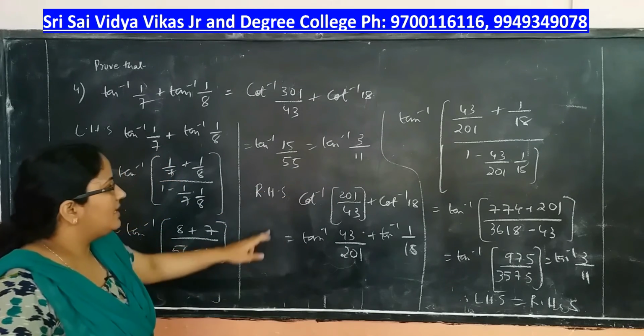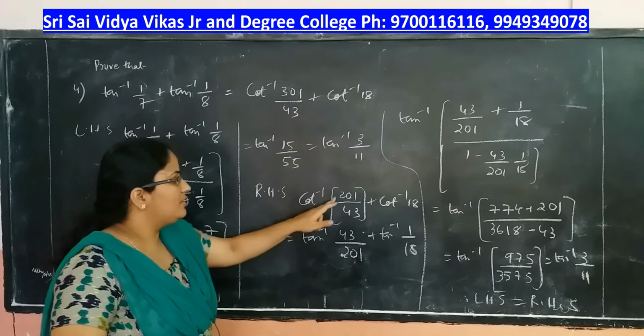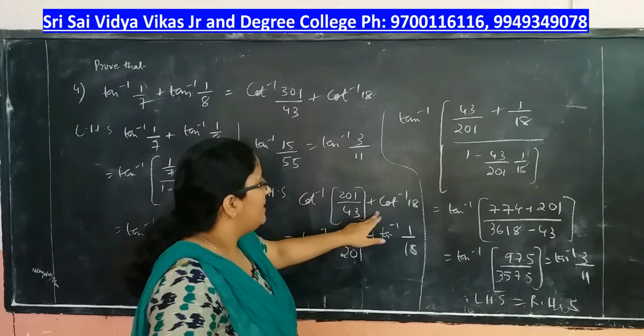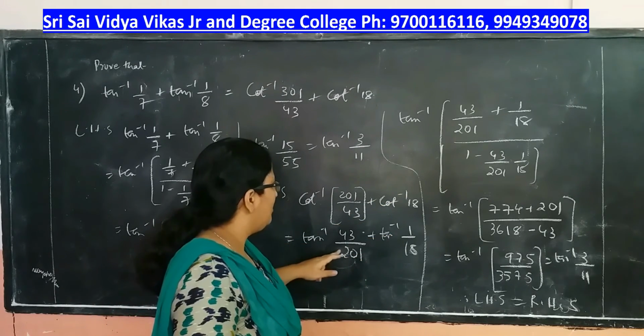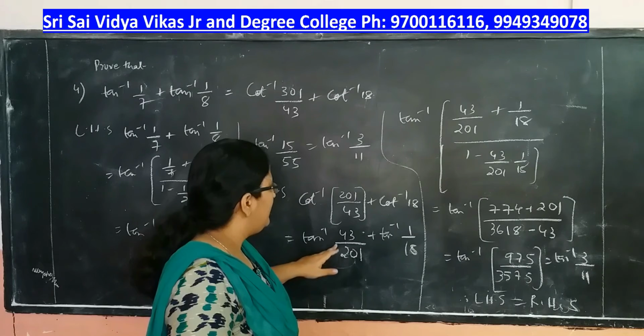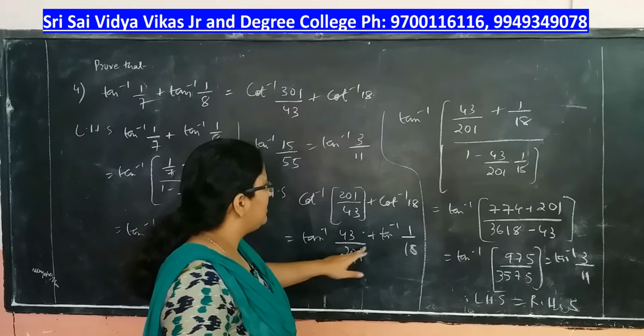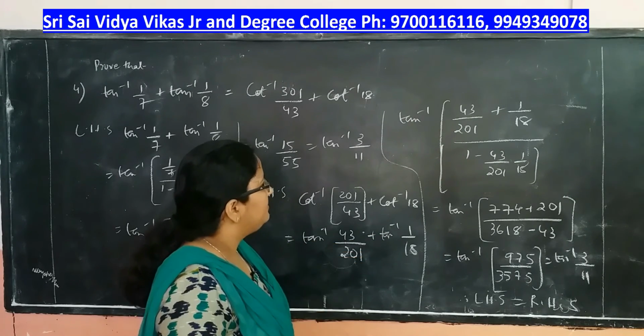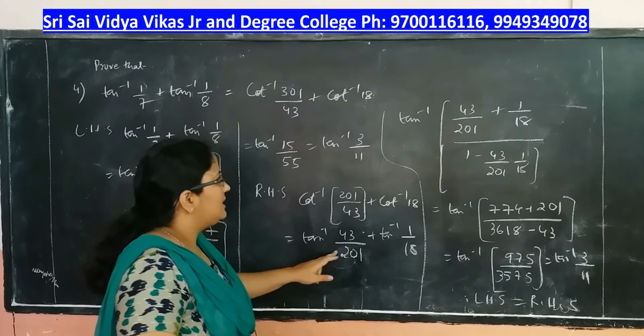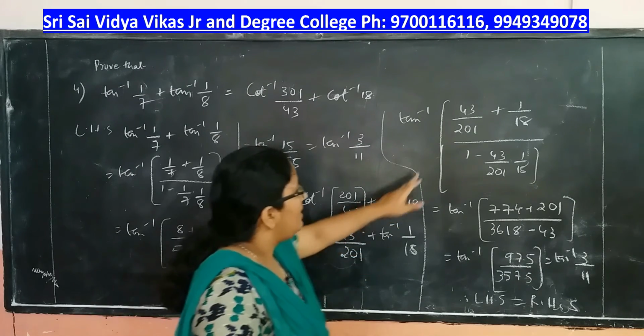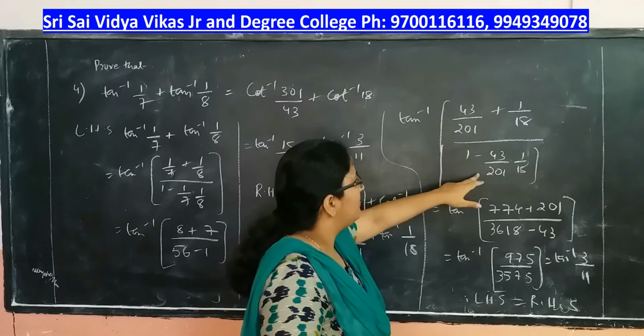Let us consider RHS. On RHS you have cot inverse 201 by 43 plus cot inverse 18. If you reverse it, you will get tan inverse 43 by 201. This is also tan inverse 1 by 18. Now tan inverse x plus tan inverse y is tan inverse of (x plus y) by (1 minus xy).